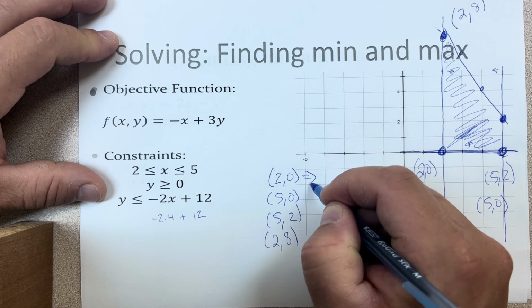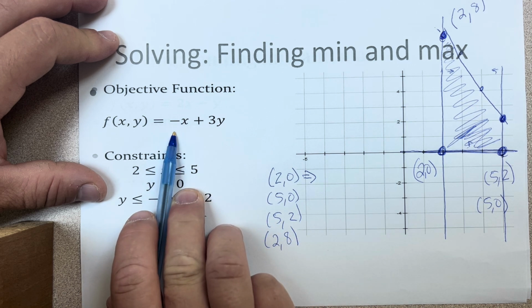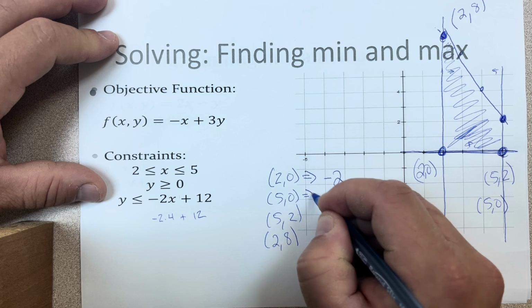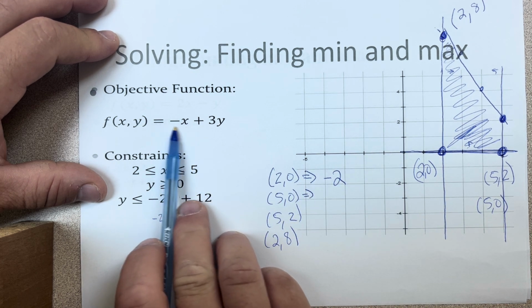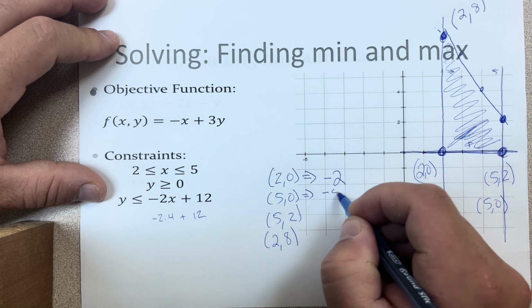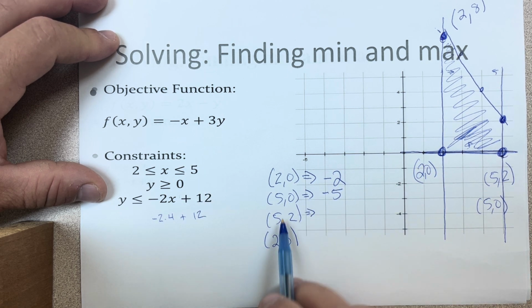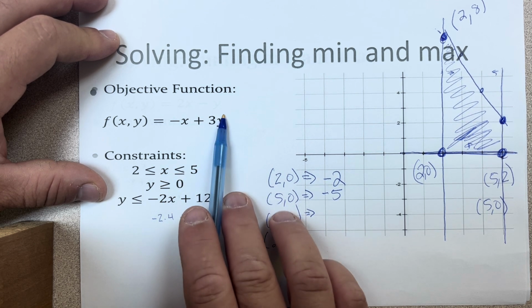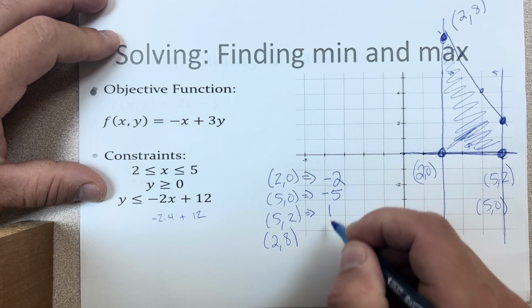So for this one here, right, we'd get negative 2 plus, well, 3 times 0 would be negative 2. We're plugging in 5, 0 here, so negative 5 plus, well, 0 would be negative 5. We would have negative 5 plus 3 times 2, which would be 6, so negative 5 plus 6 is 1.